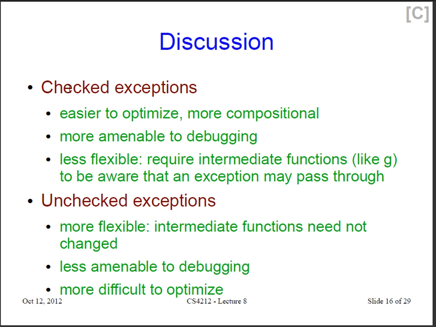If you look at G++, which I did yesterday, the amount of instrumentation that is performed in order to allow the debugger to be aware of exceptions being thrown is tremendous. So in essence, it is less amenable to debugging.